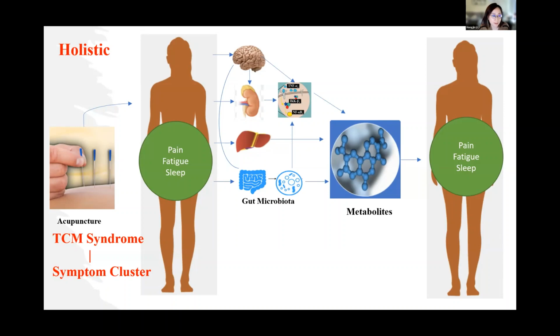What is happening in their body? We plan to collect stool samples to evaluate the gut microbiome. We also want to use new technology in targeted metabolomics to understand the small molecules, to give a holistic understanding of all the molecules in the body and what is going on before and after acupuncture.